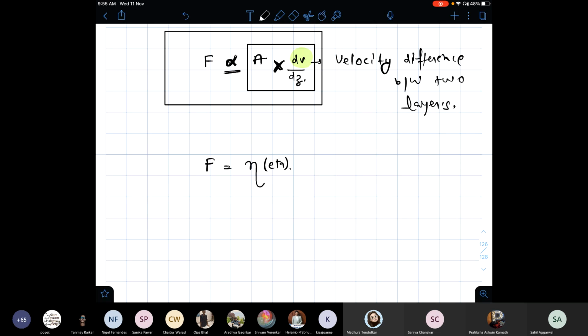So it will become F is equals to eta into A into dV by dz.